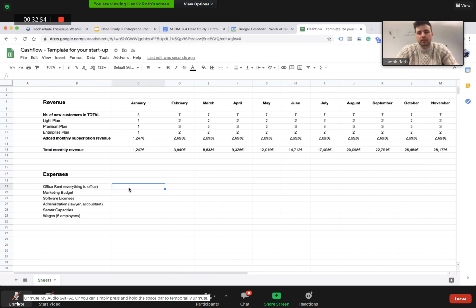So office rent, let's say you would work with your 5 people, so you can work in a smaller office in, let's say, Frankfurt. In Frankfurt, for 5 people, you would probably pay 1,000 euros per month. Then now you have to be more concrete in terms of the marketing budget. So imagine you want to acquire 3 customers in this month.